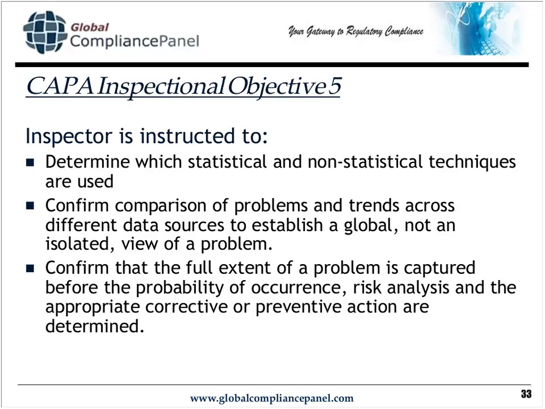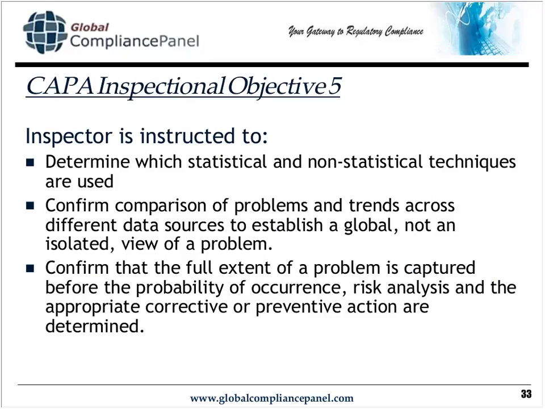The inspector is going to look at how you analyze your data, statistical or non-statistical. They're just going to look at what you do. And here's where it gets key: the comparison of problems across data sources is global.